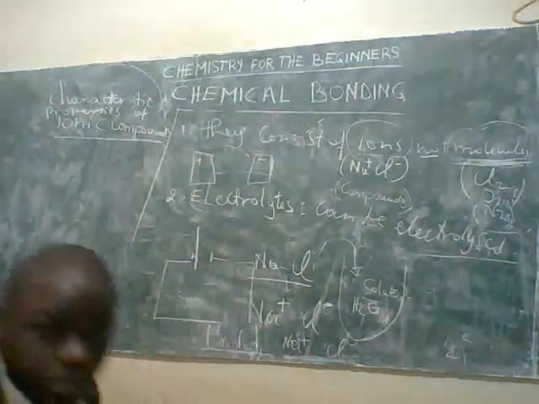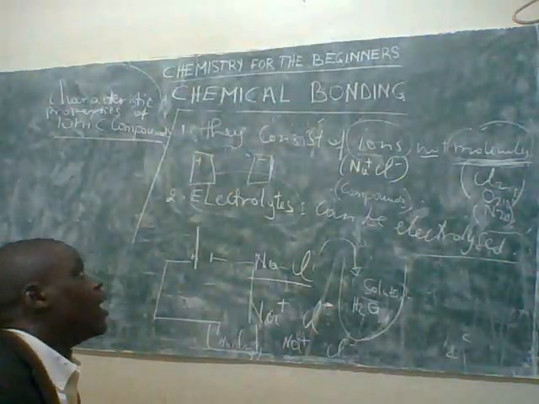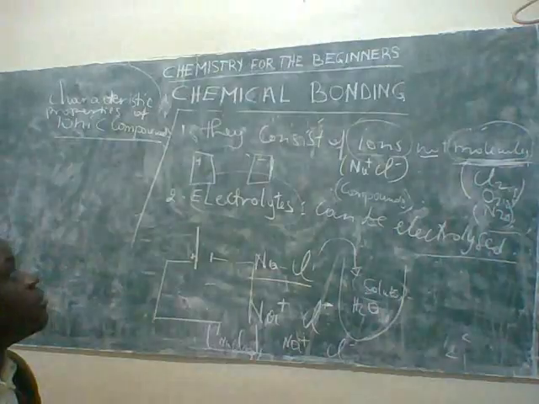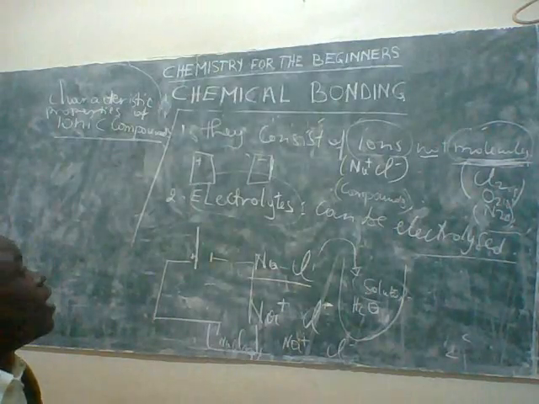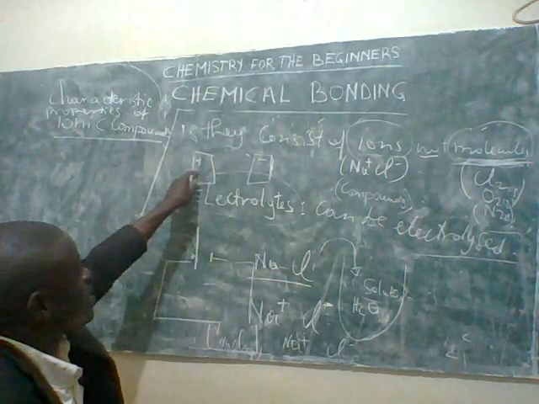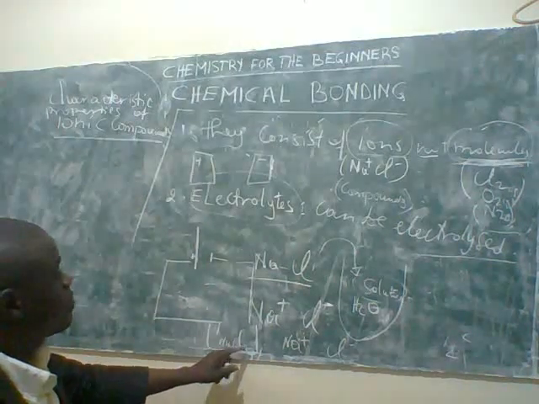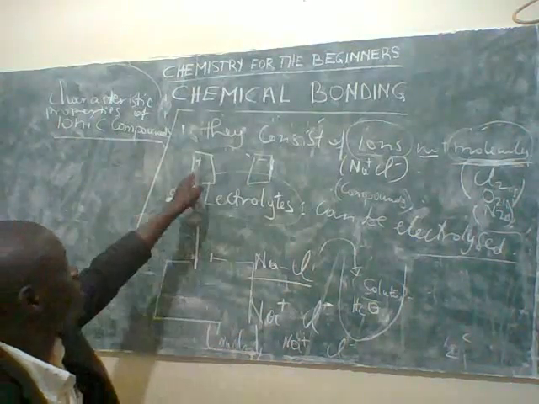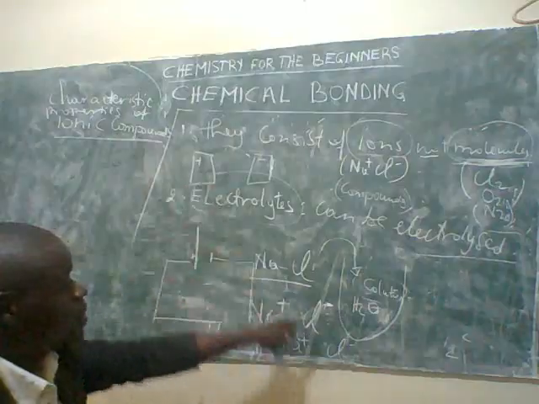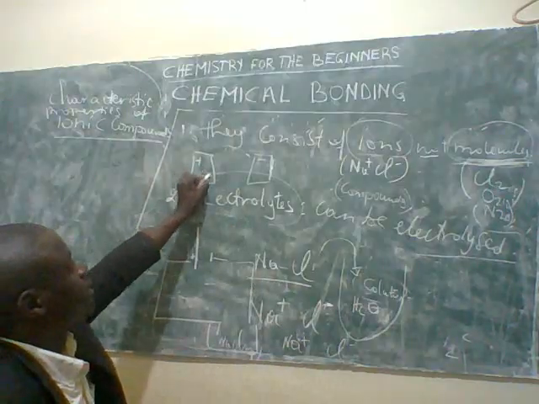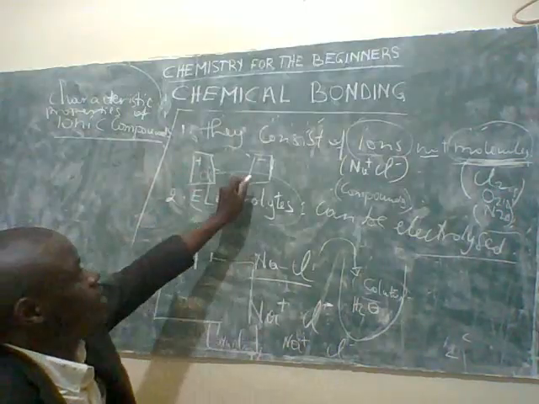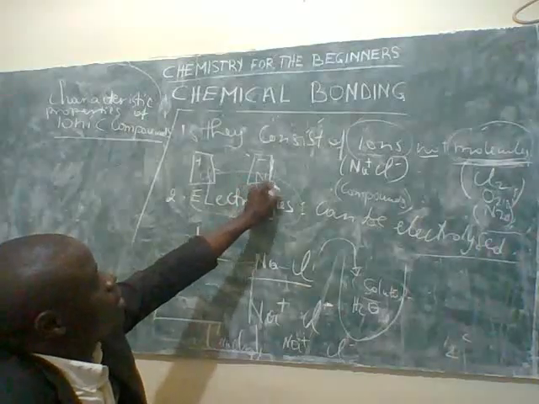You can call them electrodes. These electrodes, there are two. The one which is charged positive will accept negative, for example chlorine minus. And this one will accept sodium.